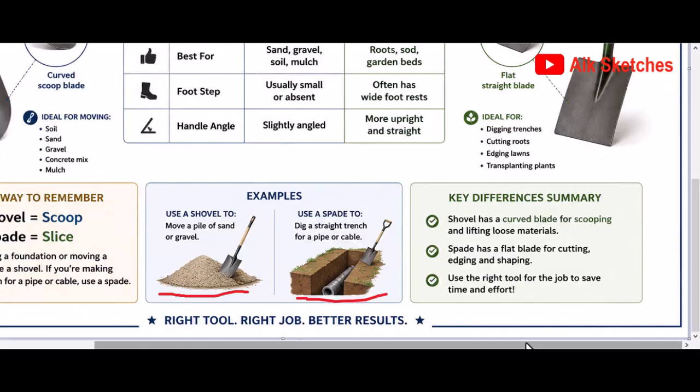It's very important to know the difference between the two tools, the spade and the shovel. It will help us to know the right tool to use for a specific job, to enable us save time and also to save effort in undertaking that task.